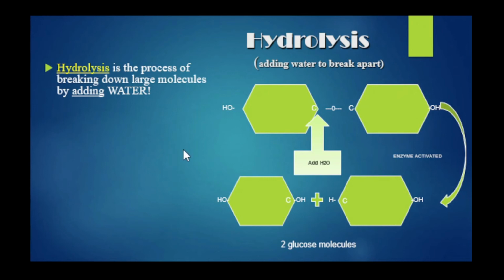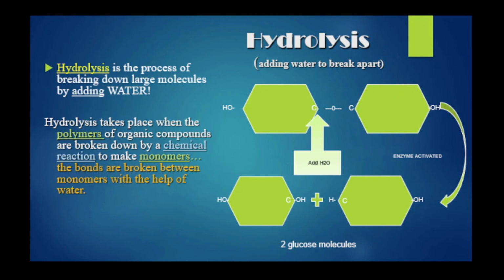Okay, let's continue. Hydrolysis takes place when the polymers of organic compounds are broken down by a chemical reaction to make a monomer. After the breakup of this polymer, our body is able to produce another 2 glucose molecules. Those 2 glucose molecules look for another partner just like water.